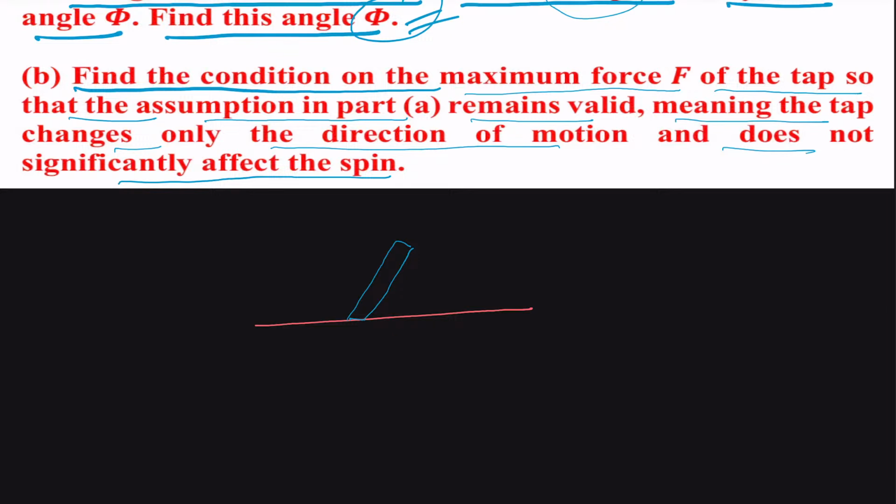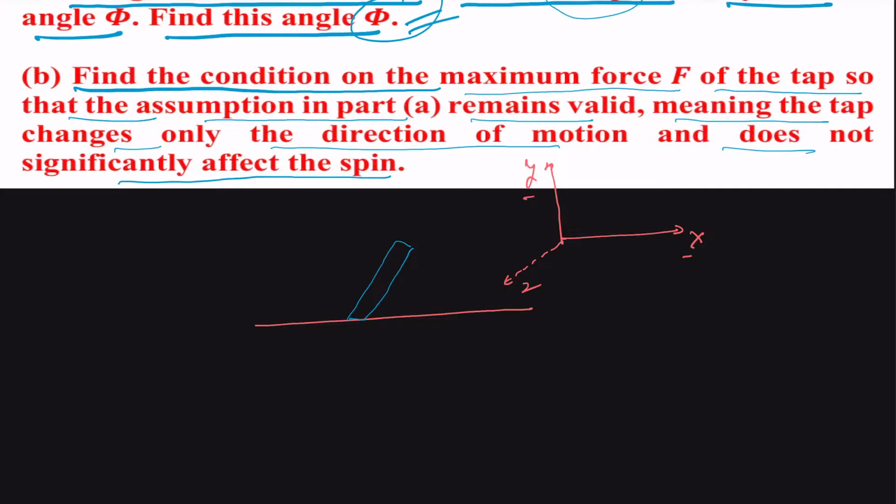We can assume the 3 axes: we have our x-axis and we have our y-axis, and finally we have our z-axis that will be perpendicular to both x and y.